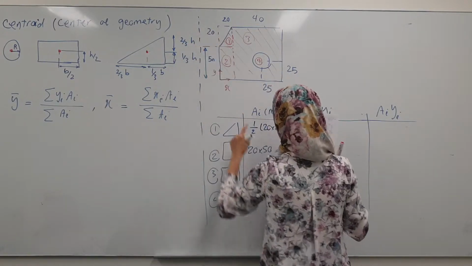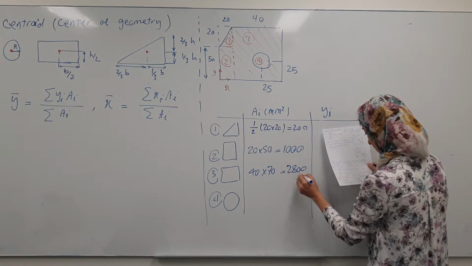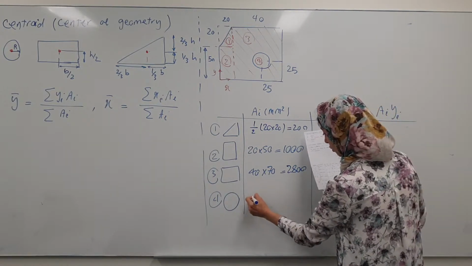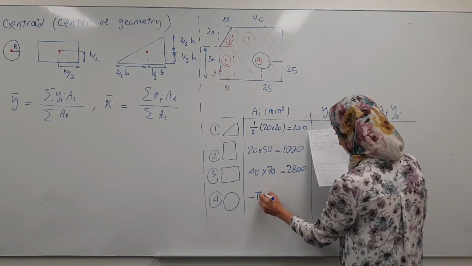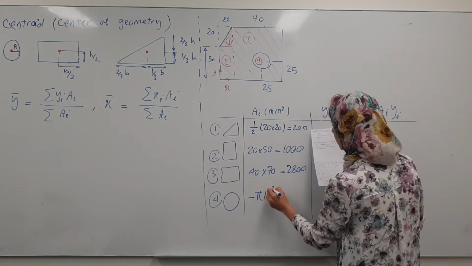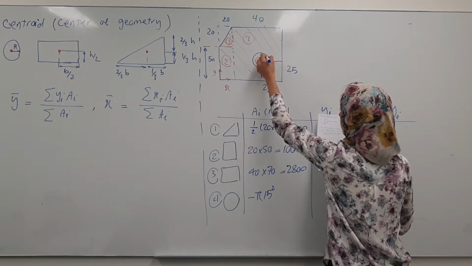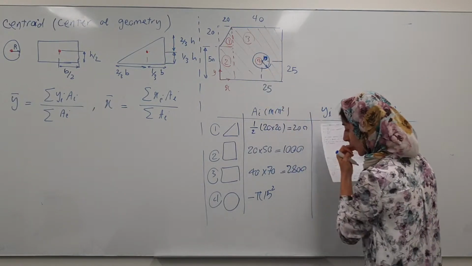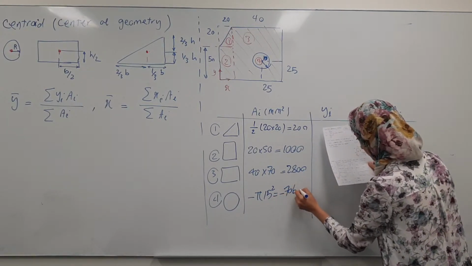So 50 plus 20, the total is 70, 2800. And for the circle, as I say, the area should be negative: minus pi r squared, and r is 15, which is minus 706.81.